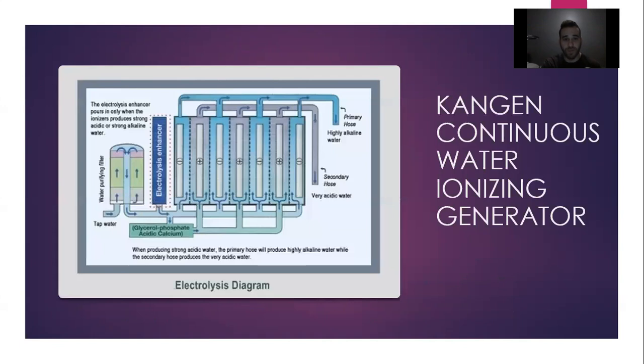A lot of people learn through seeing, through visuals. It shows the filter, the option of the electrolysis enhancer, and then the water being split depending on the polarity, and the two hoses. It's very simple, and it really gets the point across.